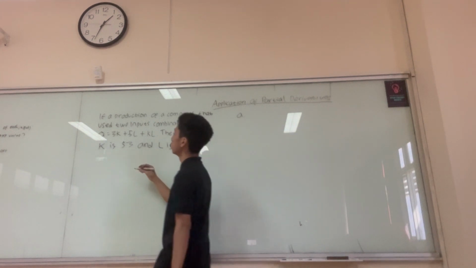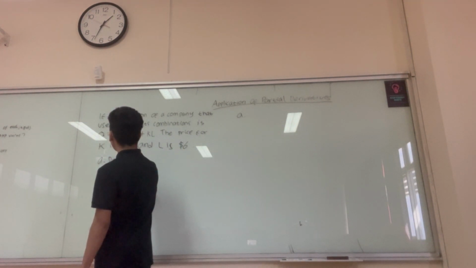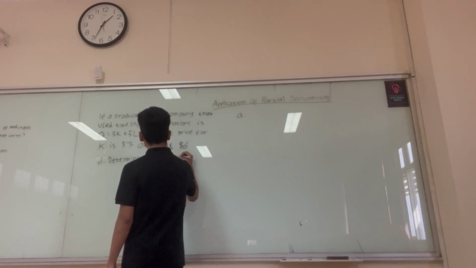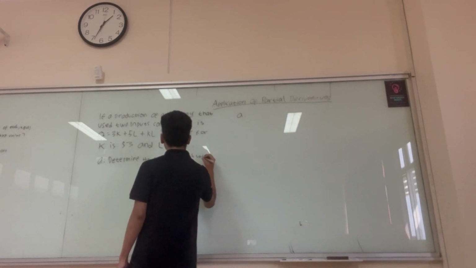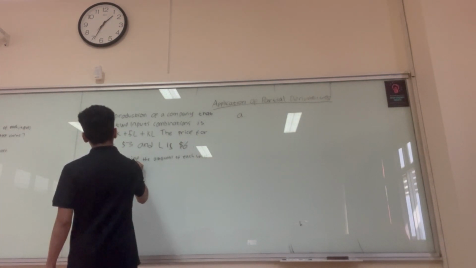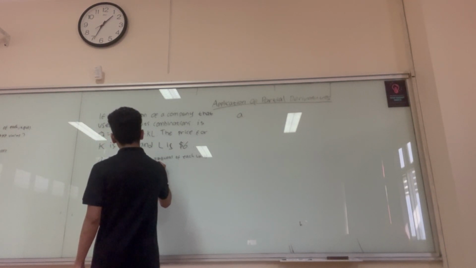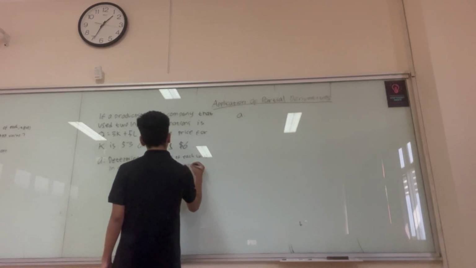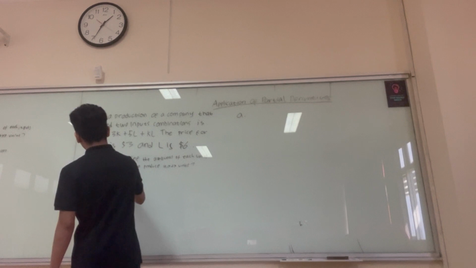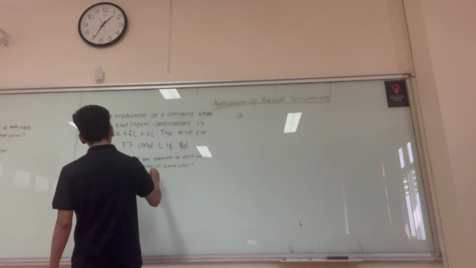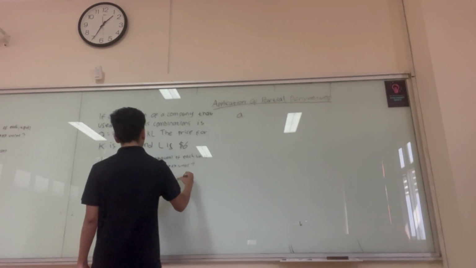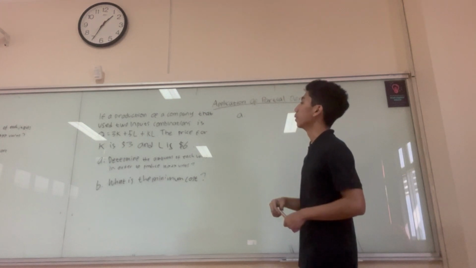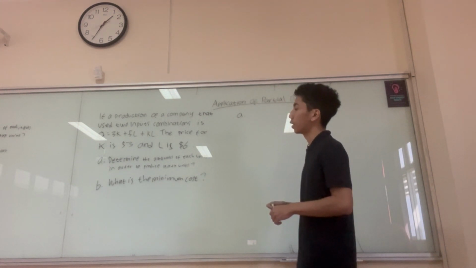So the first question is A: determine the amounts of each unit in order to produce 14,777 units.